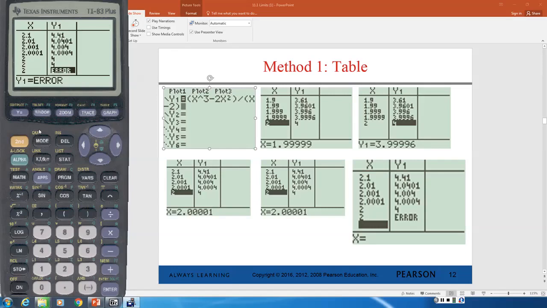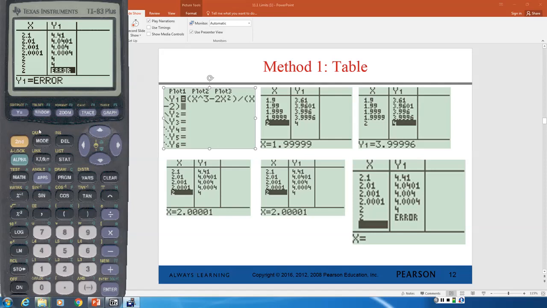Now, why is it that when we did 1 over x minus 2, it went down forever and it went up forever? Remember, when we did 1 over x minus 2, if we approach from the right, the numbers got bigger and bigger and bigger. And if we approach from the left, they got more and more and more negative. Why isn't that happening here?